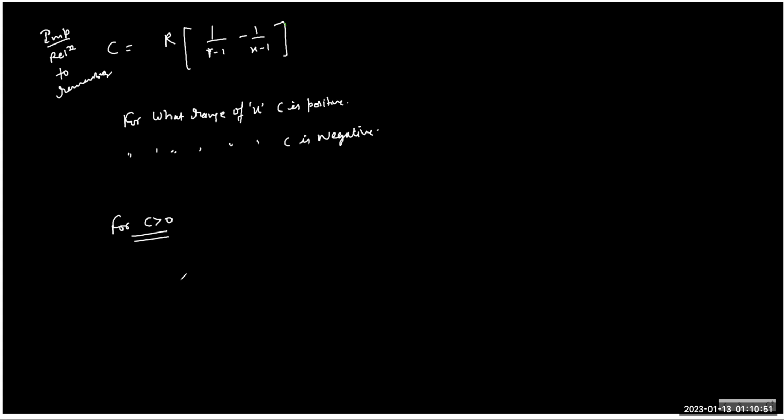If x is less than gamma, then C would be negative. And if it is positive, it means x should be greater than gamma. That's it. Think more about it.